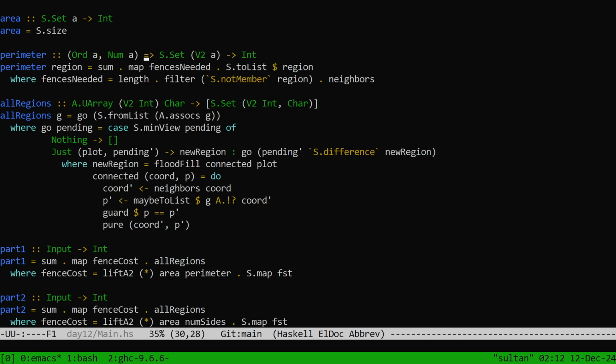So if we're looking at a cell xy, and we look to the left, i.e. in the minus x direction, if that cell is not in the region, no, this is wrong. What I'm coming up with is wrong, but it's maybe an idea in the right direction.